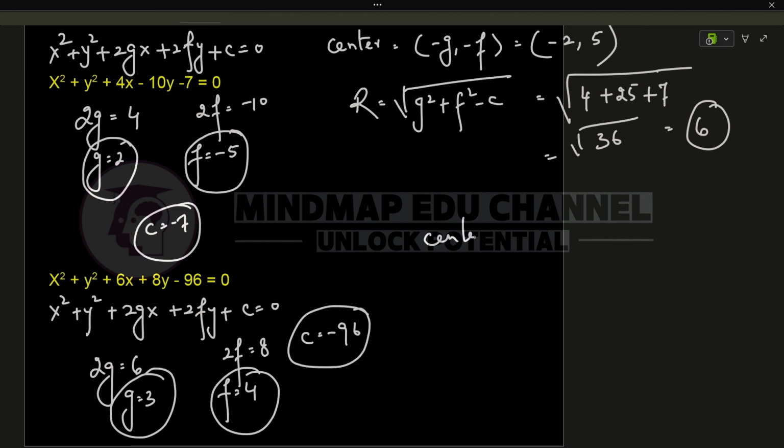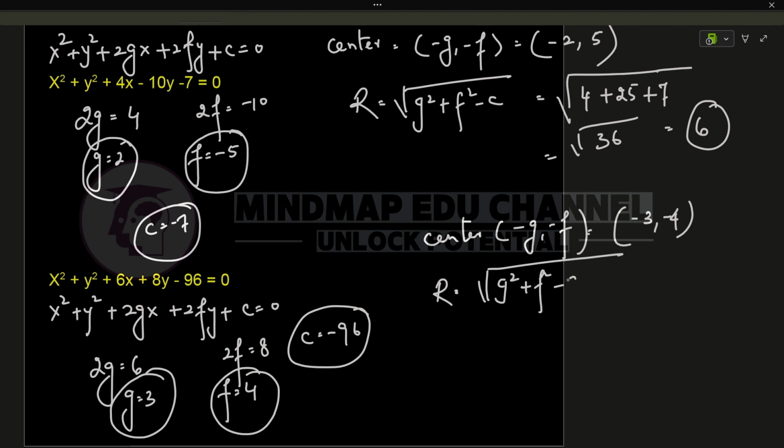So, the center for this circle is minus g, minus f, and that is minus 3, minus 4. Let's find the radius of the circle, that is the square root of g square plus f square minus c.